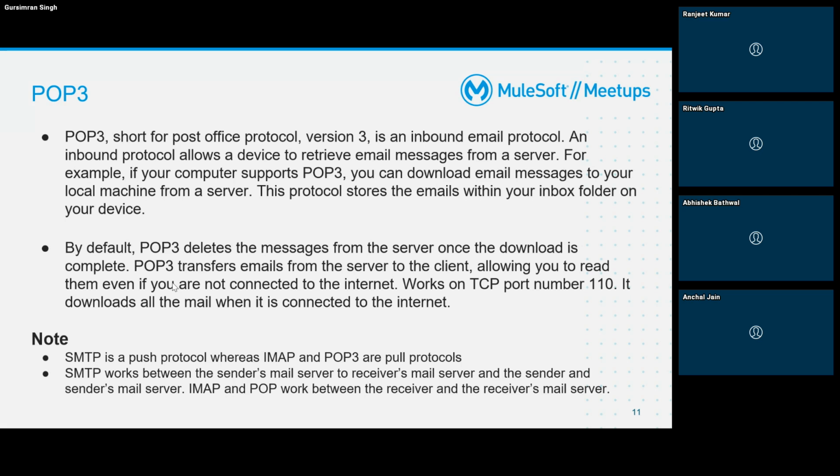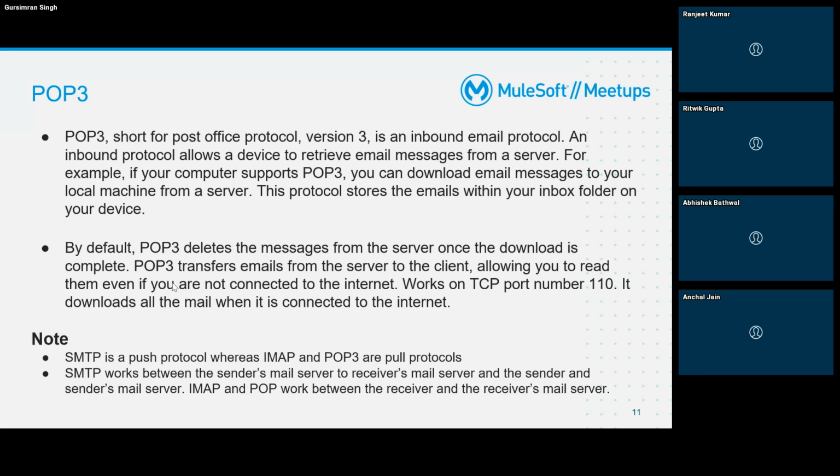Basically, IMAP is a much more advanced protocol than POP3. POP3 has become a legacy protocol, and in POP3 the email can only be accessed from a single device at a time. But in case of IMAP, it can be accessed across multiple devices. As you both mentioned, in the case of POP3, we have to first download the email on the local system.